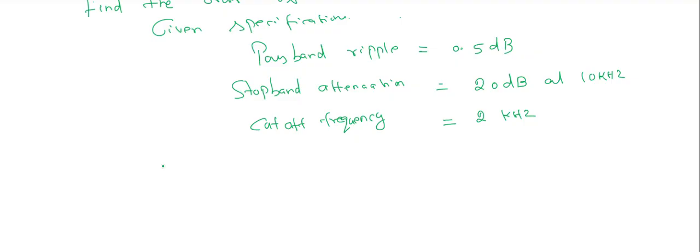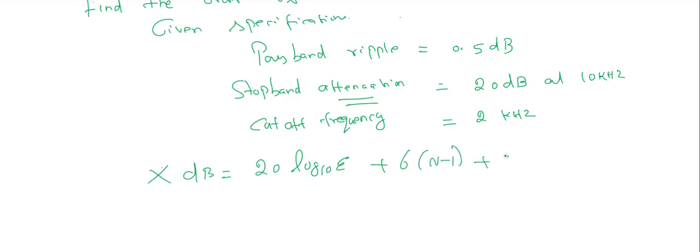Okay, you can use this formula. If the attenuation is given, you can use that formula directly. The attenuation in dB is equal to 20 log10 epsilon plus 6(n minus 1) plus 20 n log10 of omega s by omega c.